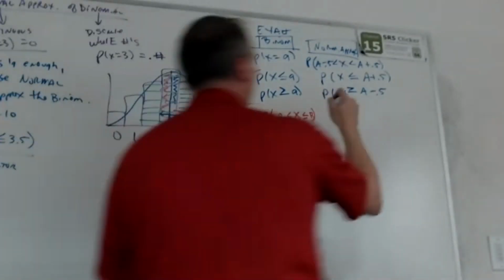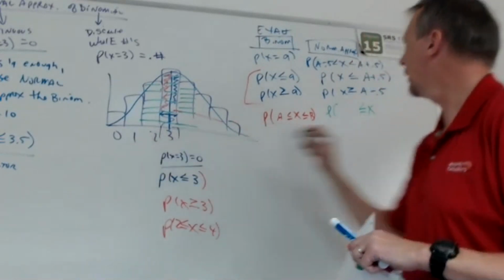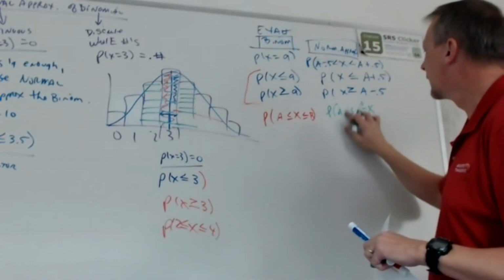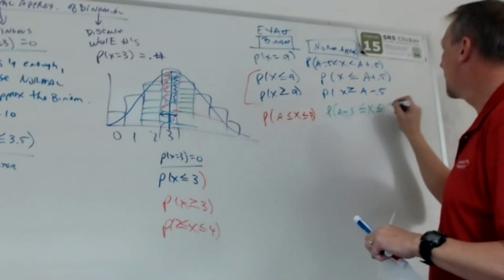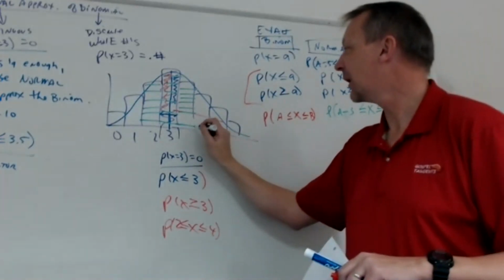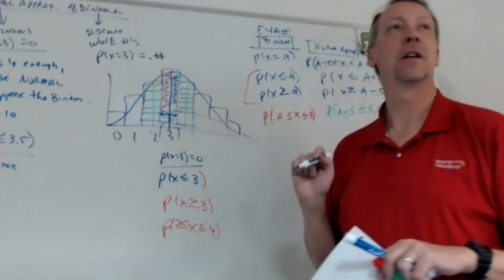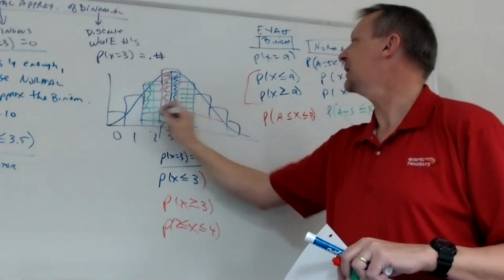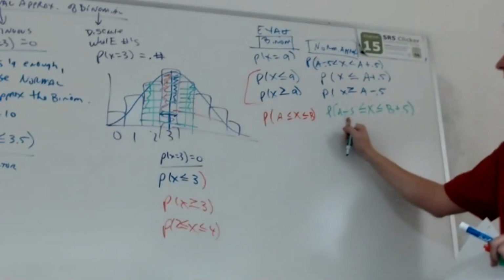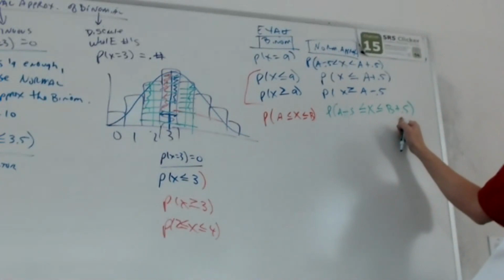Okay, so in this case, I want the probability that x is between a minus a half to b plus a half. So I'm going to be doing both because I don't want to stop here and here. That's 2 to 4, right? I'll miss all of this piece and I'll miss all of that piece if I just go from 2 to 4. So I want to include a minus a half, so 1.5 to 4.5. Does that make sense?